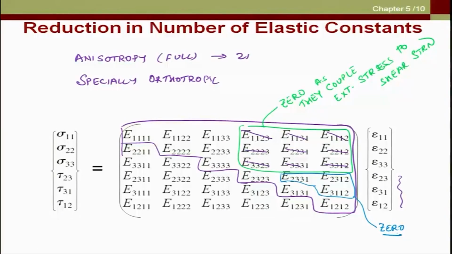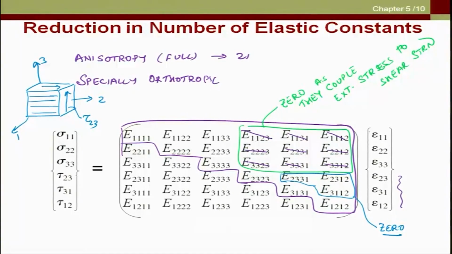Why? Because consider a situation. This is a material and suppose this is a simple material, all the fibers are running in this direction, and I apply a shear strain like this. This is my 2 axis, this is 1 axis, this is 3 axis. So, I am applying tau 2 3.